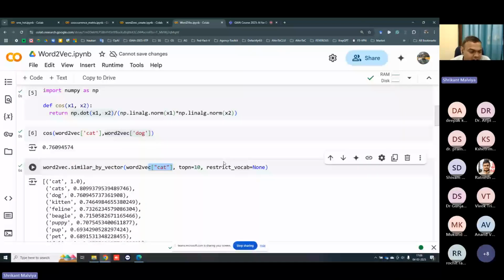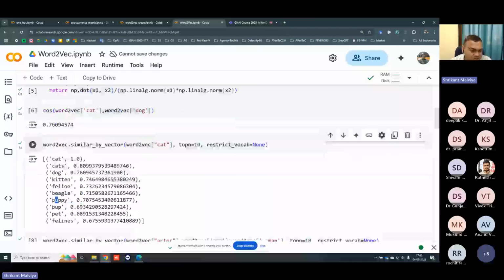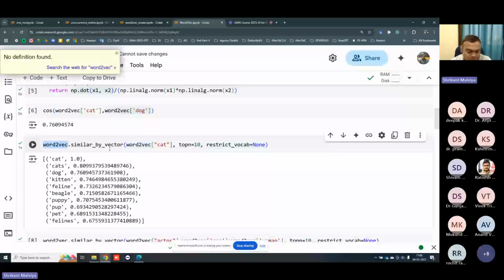First of all, cat is there by itself, with similarity 1. Cats is another word, also very high, 0.8. Dog, 0.7. Kitten is also very close. Feline, beagle, puppy. These are all words which are very close to cat. So by using the word2vec library, you can obtain it.